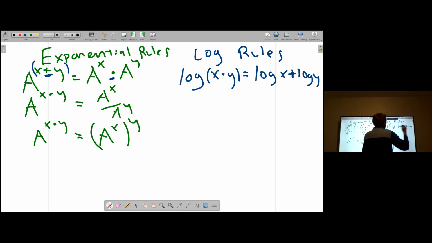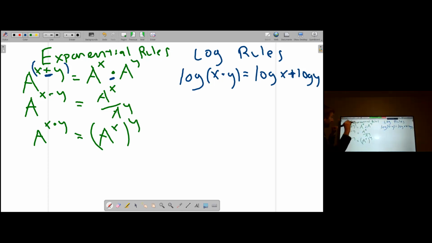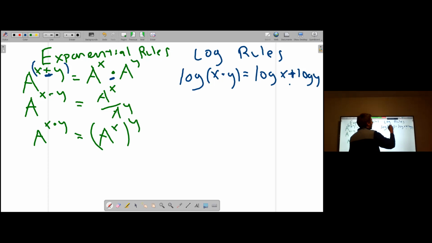So in both cases, it's turning multiplication to addition, but is it on the inside of the function or the outside of the function? That gets flipped. For exponential, the plus is on the inside. For logs, the plus is on the outside. For exponential, the times is on the outside. For logs, the times is on the inside. So, yeah, everything just gets flipped around. So for the subtraction, division on the inside is subtraction on the outside.